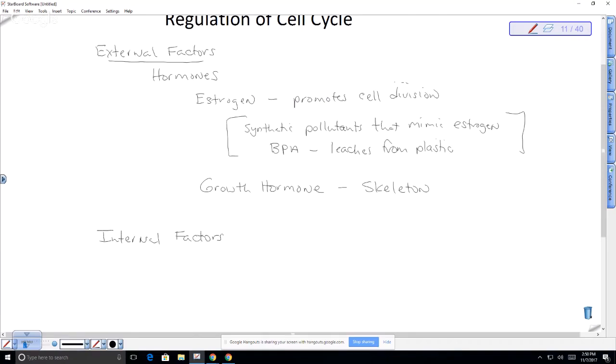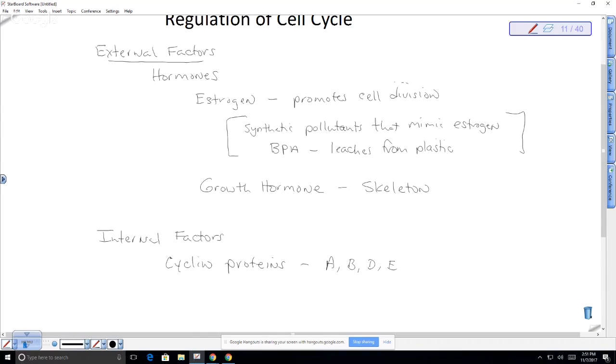So internally, we have some proteins called cyclin. I like that name because it's easy to remember, right? Cyclin proteins. And there's different kinds. There's actually 4 different kinds, and they just labeled them A, B, there's no C, D, and E. What these cyclin proteins do is that they accumulate in different parts of the cell cycle, and their presence in that part of the cell cycle allows that cycle to continue, okay?